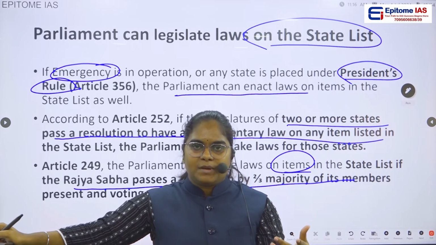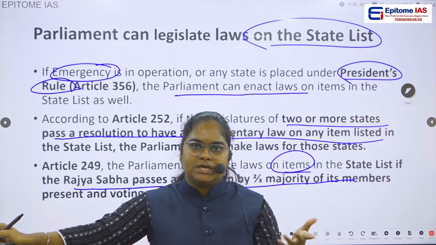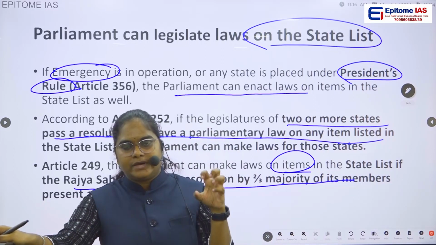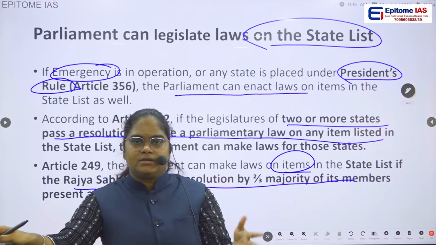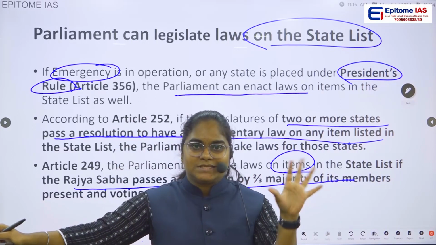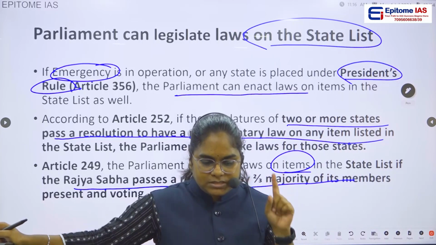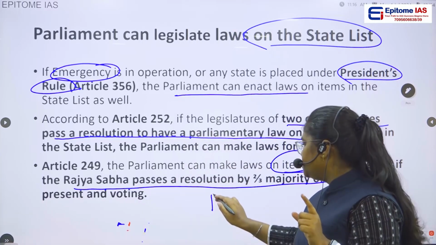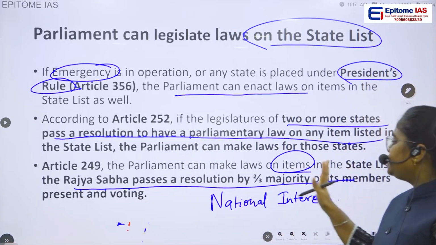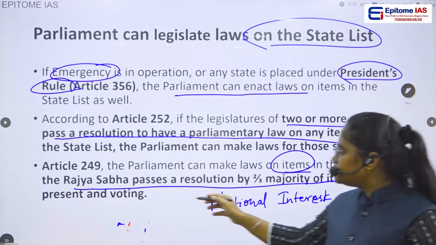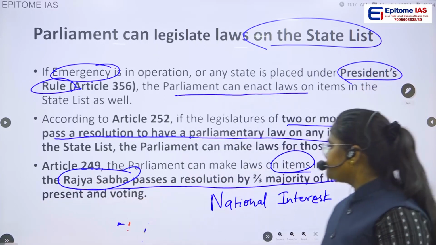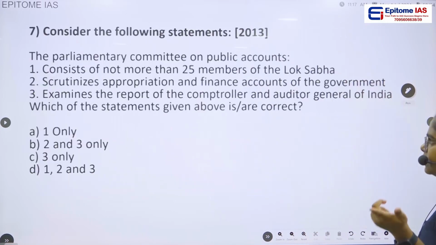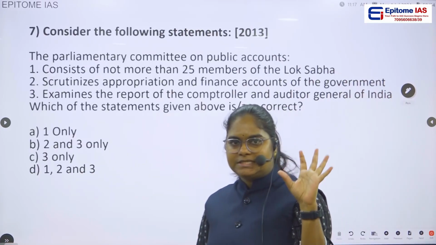When the Rajya Sabha passes this particular resolution, then the parliament will acquire the power to make laws mentioned in the state list. Okay, this is done only in the case of national interest. So in case of national interest, the Rajya Sabha can pass this resolution to give the power to the parliament to make laws in the state list.